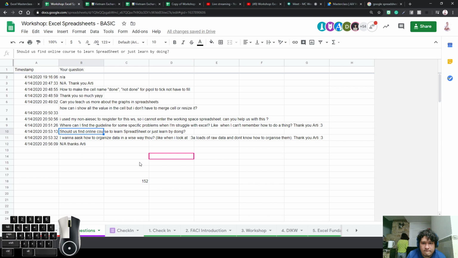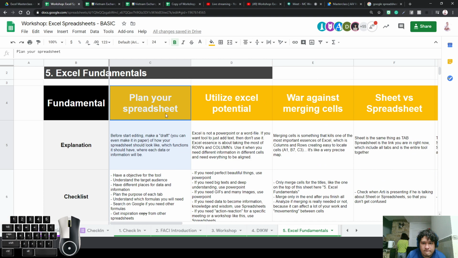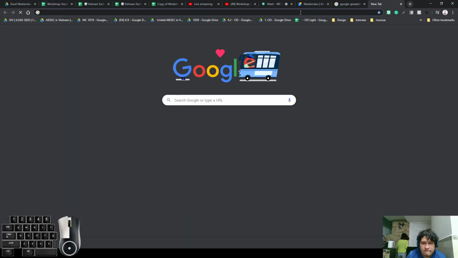So with Excel, you start with the first thing I explained in the Excel fundamentals: plan your spreadsheet. You write down in your notebook, this is what I want my spreadsheet to do. Let's say you wrote down, I want my spreadsheet to count the contribution of results from a specific university.